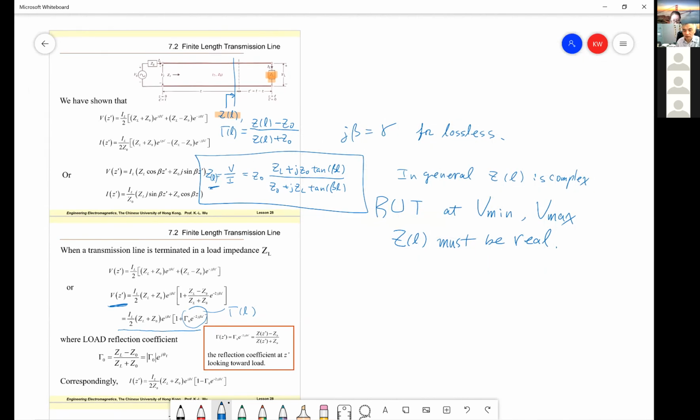This you can easily prove from here. Then that's why we can take advantage of this, because of the real impedance when ZL is real, say RL.